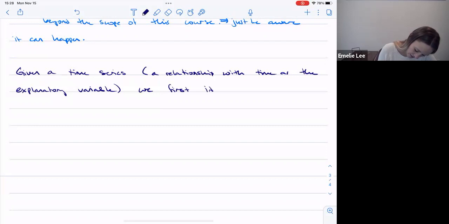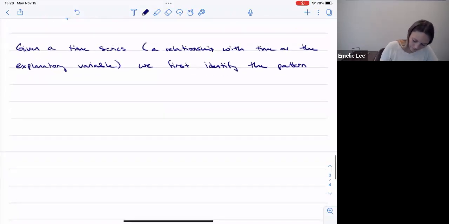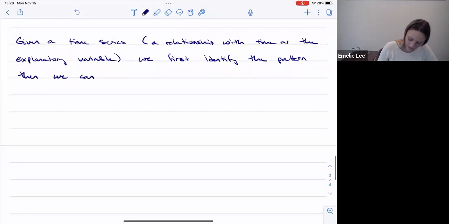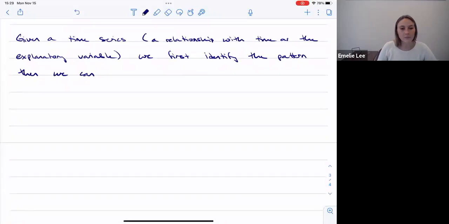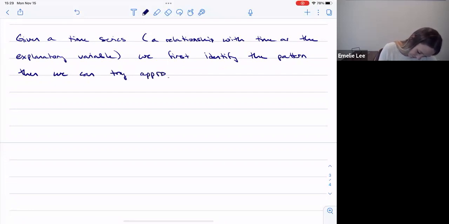We first identify the pattern, then we can try appropriate forecasting methods.